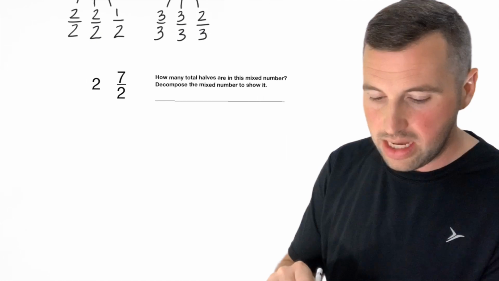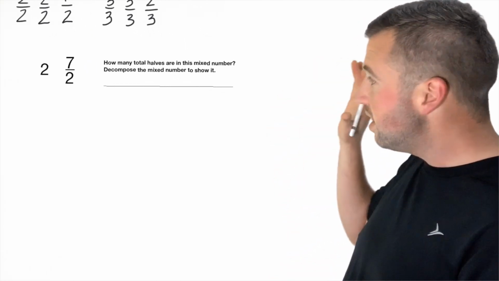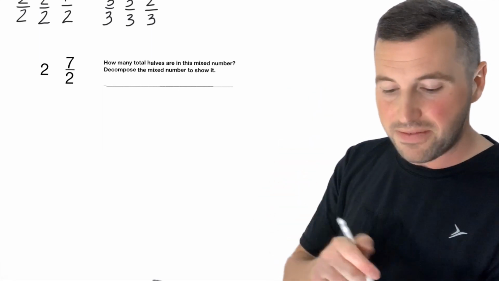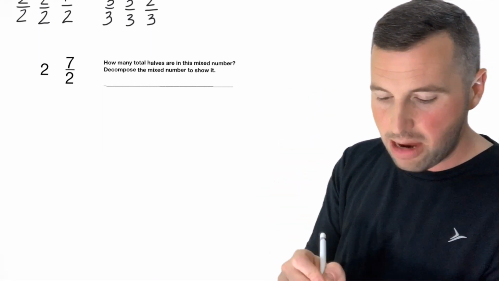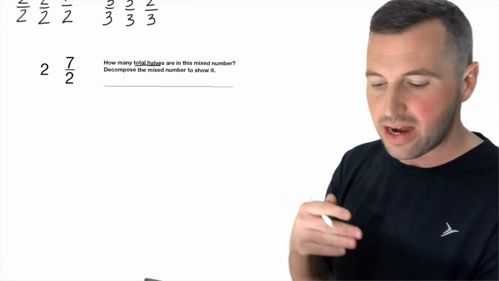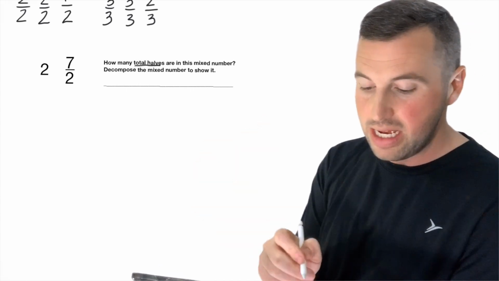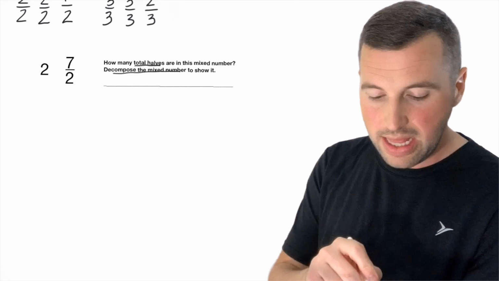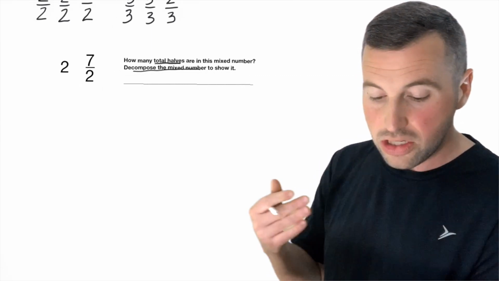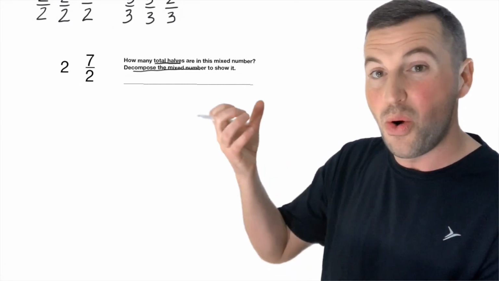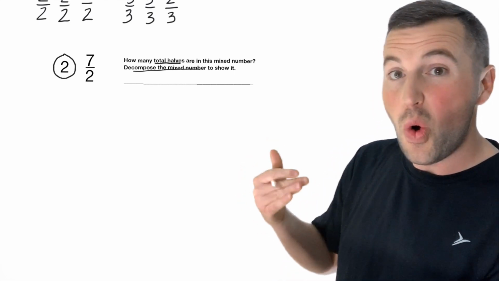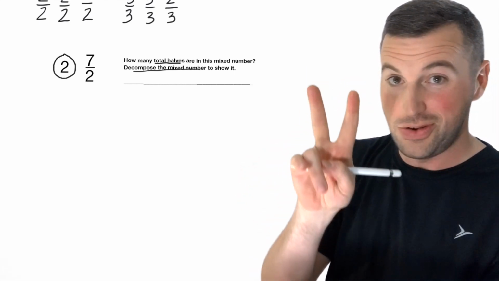All right, take a look at the very bottom one here. The bottom one says 2 and 7 halves. And the question says, how many total halves are there in this mixed number? Decompose the mixed number to show it. So what I'd like you to do is I first want you to pull out how many wholes there are in 2 wholes.